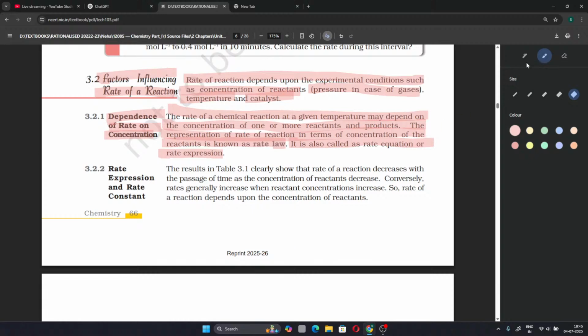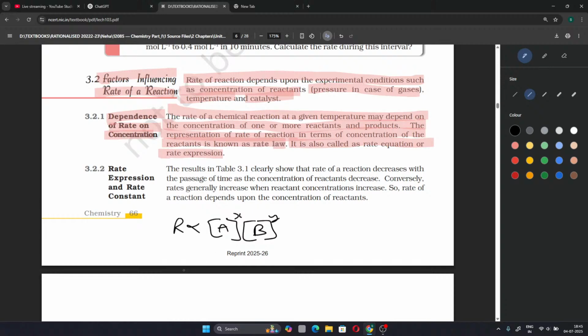Basically they are saying rate is directly proportional to the concentrations of reactants. For a reaction A plus B gives C plus D, A and B are the reactants. The rate depends on the product of the concentrations of the reactants raised to some powers, x and y or anything it might be.